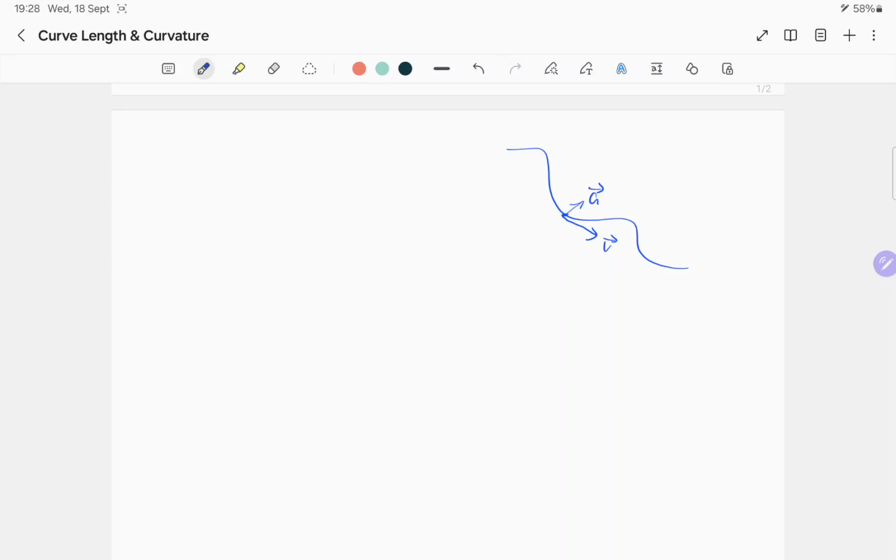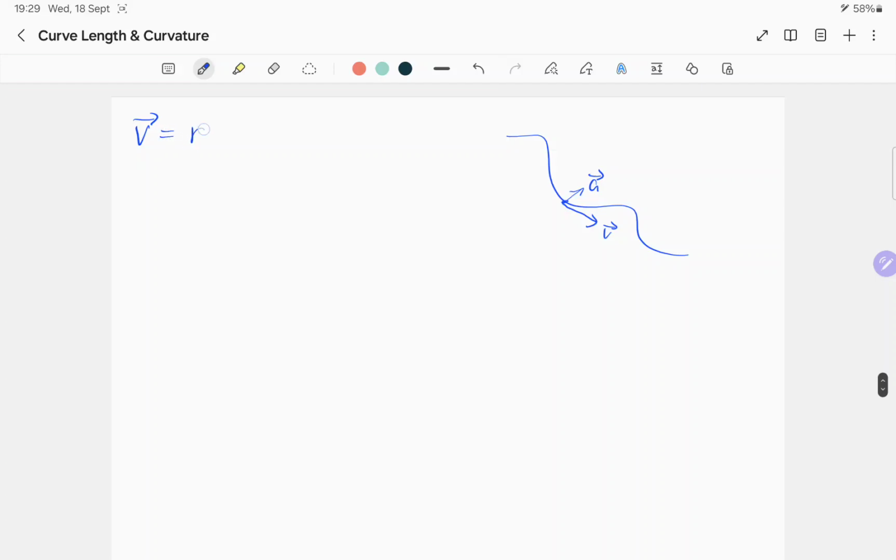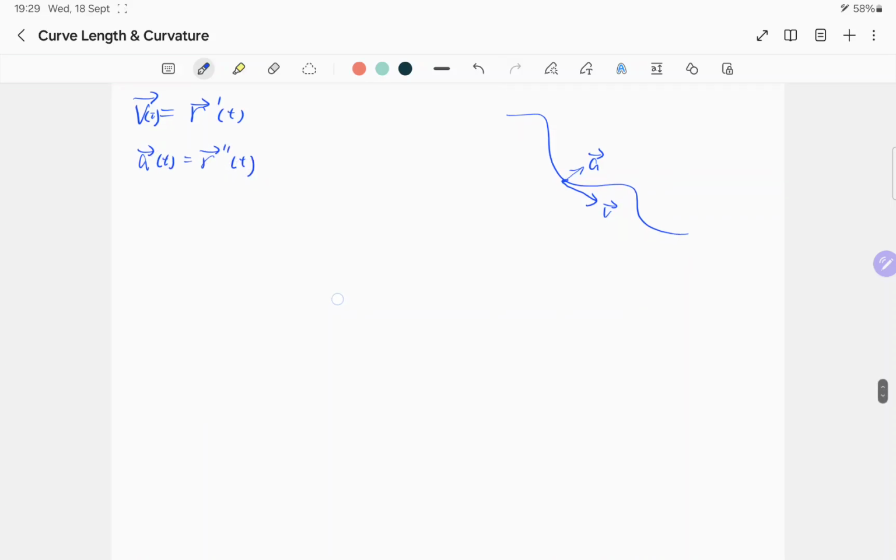Usually in physics, we decompose the acceleration into one direction and another direction that is perpendicular to it. So this is what we want to do here. What is v? v is actually equal to r prime of t. And what is a? a is actually equal to r double prime of t.